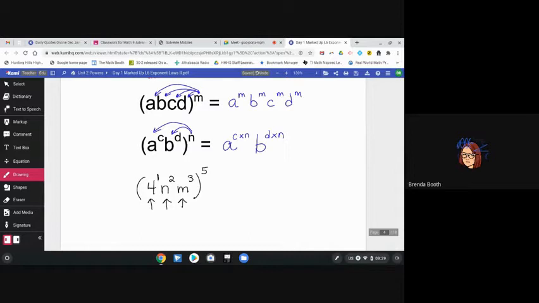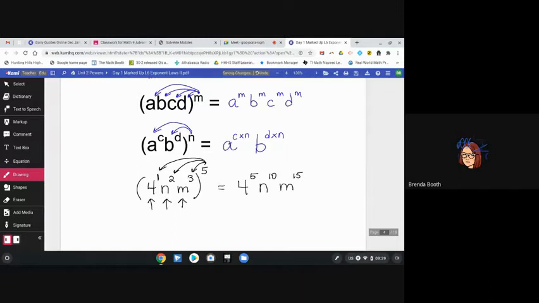So here's how I can simplify this one. This 5 is going to be applied to every one of those exponents. And remember what we do, this is power of a power. This is where we multiply exponents. So I would have 4 to the power of 5, n to the power of 10, m to the power of 15.